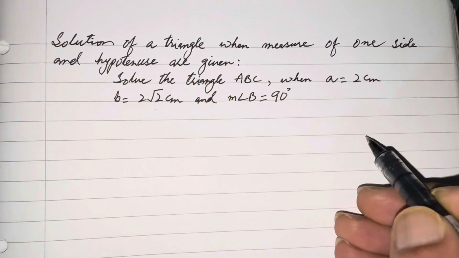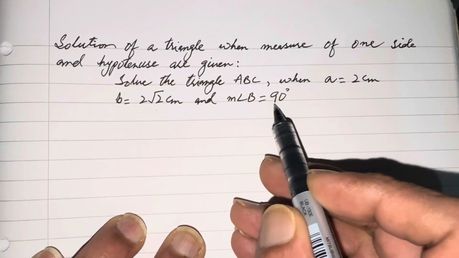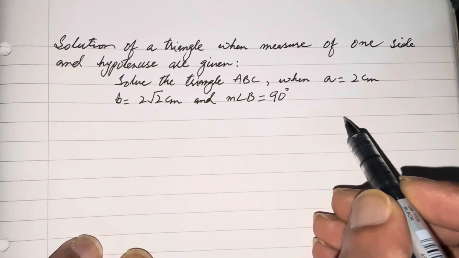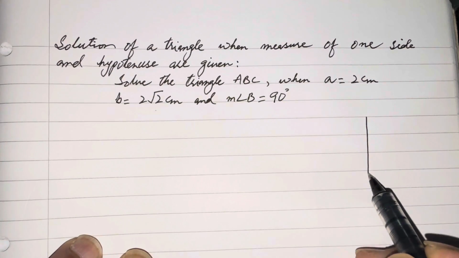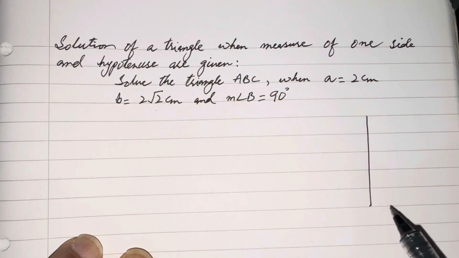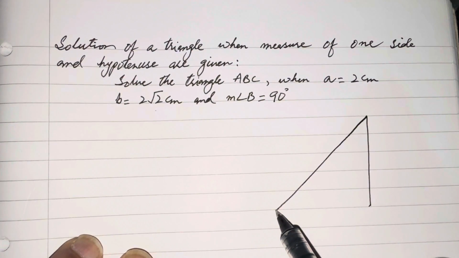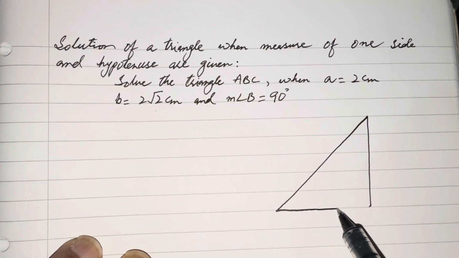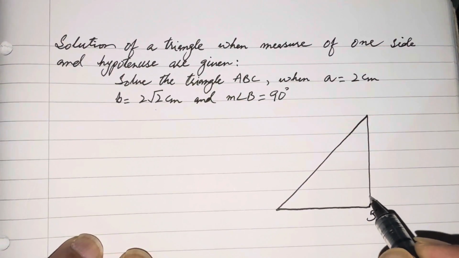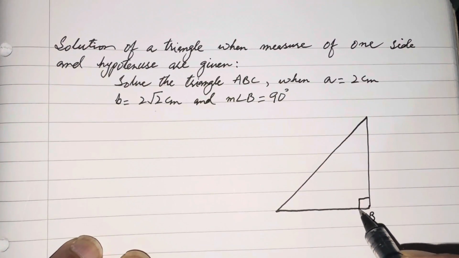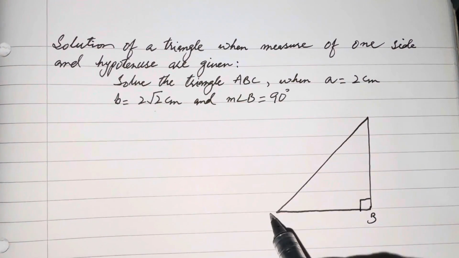So it means there is a right angle triangle which has the 90-degree angle at point B. So here I'm going to draw a picture of a right angle triangle where the angle B is equals to 90 degrees. So here is the point B which has the angle 90 degree. So the name of the right angle triangle is ABC.